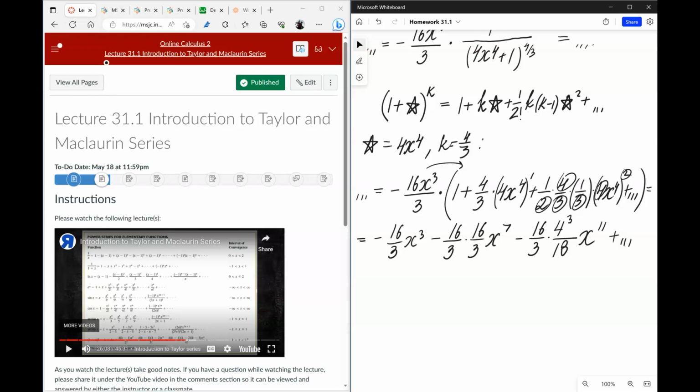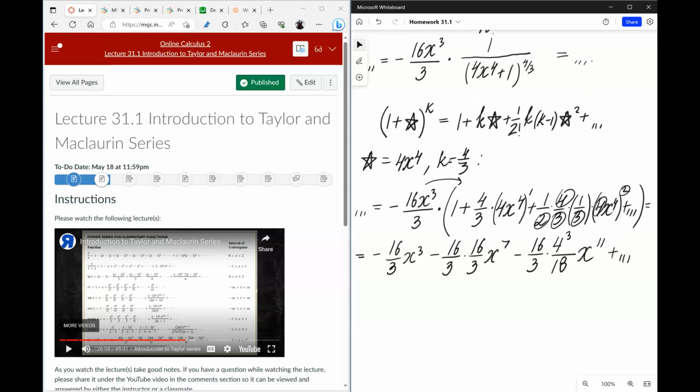Now plugging everything in, we have negative 16x cubed times 1 plus k times 4x to the 4, plus 1/2 times 4/3 times 4/3 minus 1, which is 1/3. Here we have 4x to the 4 squared, so we have x to the 8 plus 3, 11, so the powers are fine. Now the coefficients, we have negative 16/3, and we have here 4 times 4 over 3, that's also 16/3.